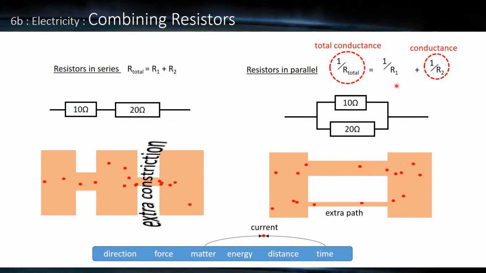So there we have one resistor, and we add another resistor, and the bigger this resistance is, the less good the path is. So it's 1 over R, so this expression here is the conductance. So we're adding conductance, but the bigger the resistance is, the worse that conductance is. So we add up all the conductances together. It can be 2, 3, 4, whatever, and that will give us the total conductance over here.